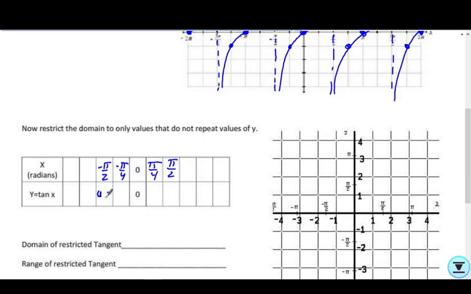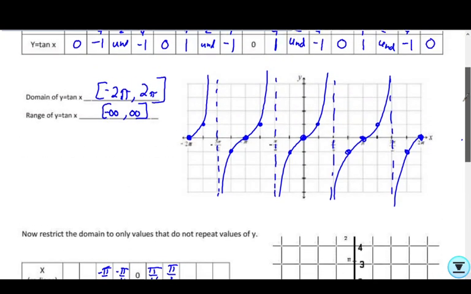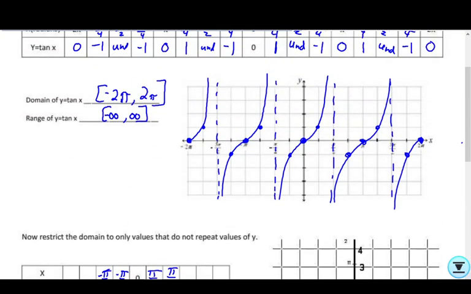So this is undefined. This is negative 1, positive 1, undefined. So this is your restricted domain. Okay? So the domain of the restricted function is negative pi over 2 to pi over 2, and the range is from negative infinity to infinity. So what we've done is we've restricted it to here to here. Okay?